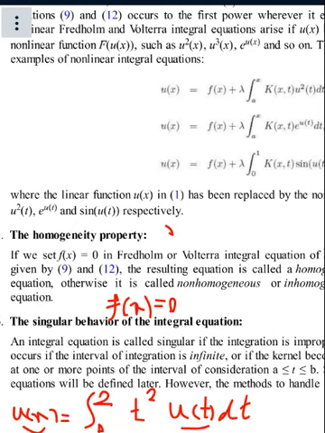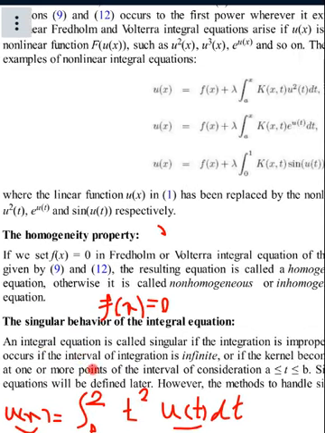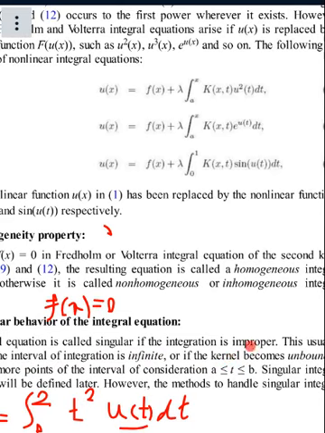And the next remark is on the singularity or the singular behavior of the integral equation. An integral equation is called singular if the integration is improper. It means that, for example, let me write, if you have one of the bounds of the integration as infinity.